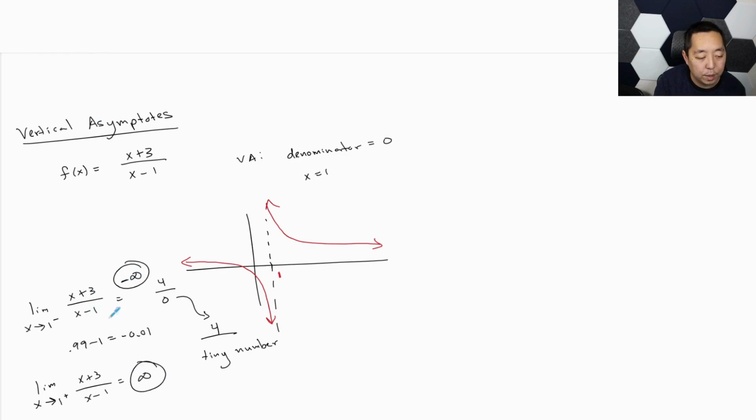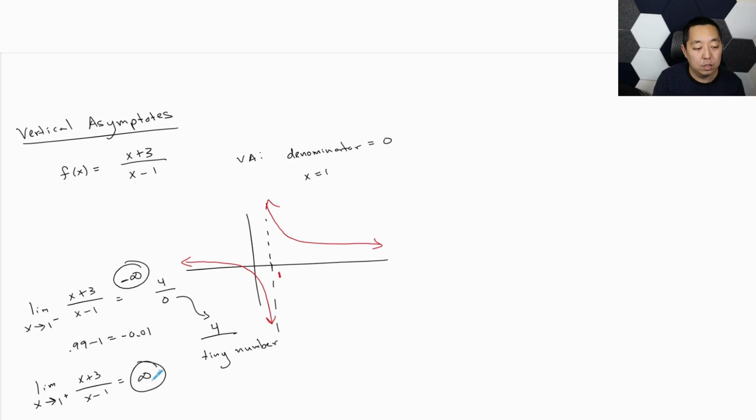From the left, I'm dividing a positive number by a tiny negative number, so I would get negative infinity there. And here I'm taking 4 divided by a tiny positive number, because I'm doing 1.01, 1.001, a number very close to 1 but greater than 1. And so when I divide that, I get positive infinity. If you get those in your limit, then you have a vertical asymptote.